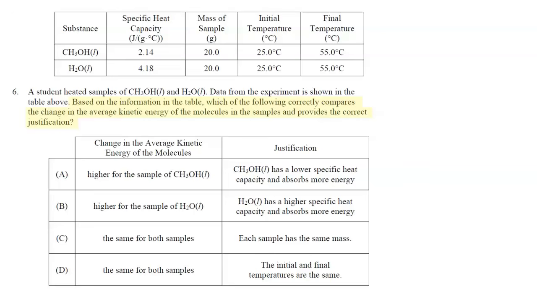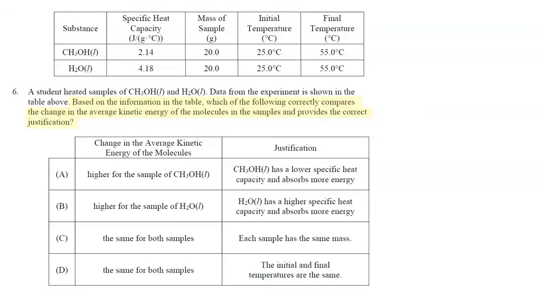So we might be tempted to focus on this difference in specific heat capacity as we are analyzing the information in this table. But pay close attention, we're not talking about thermal energy, which is heat. We're talking about the change in the average kinetic energy of the molecules in the samples.